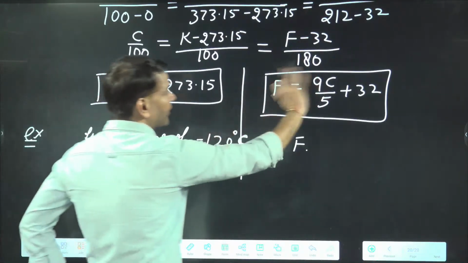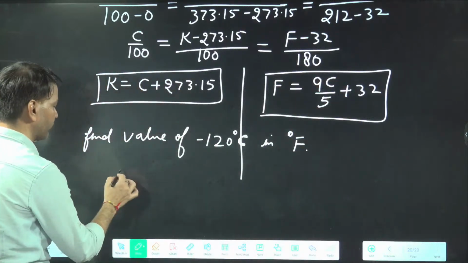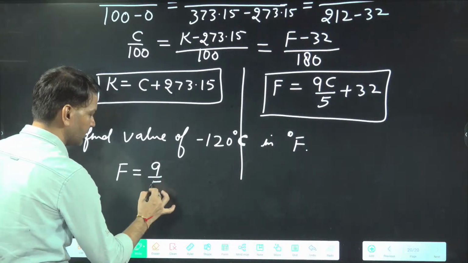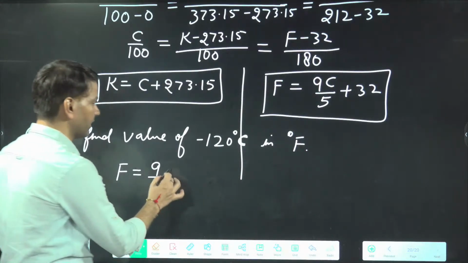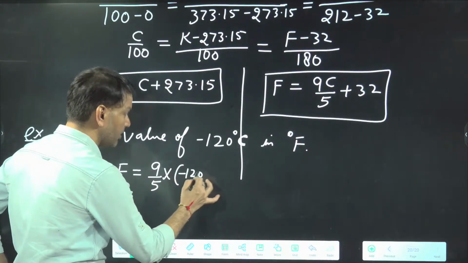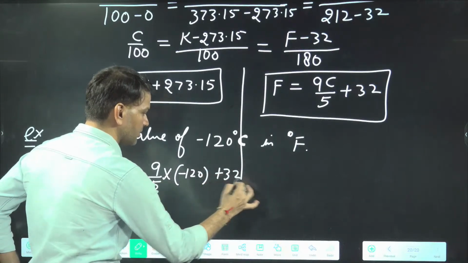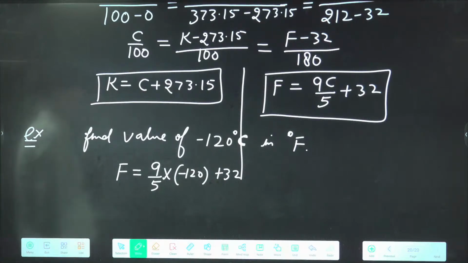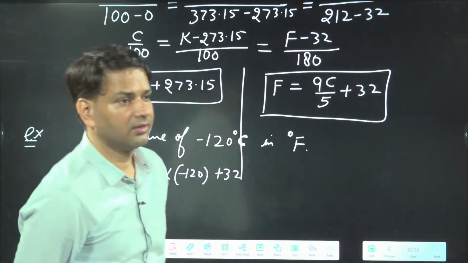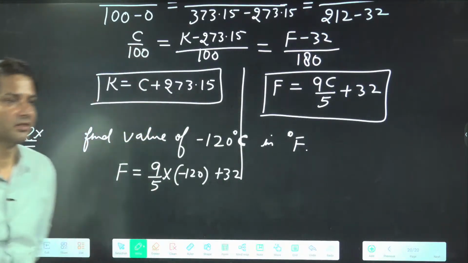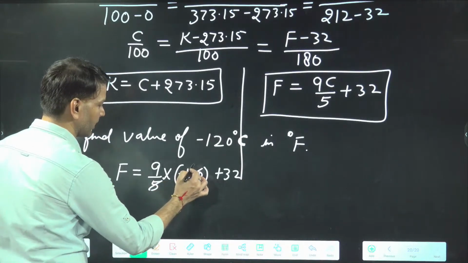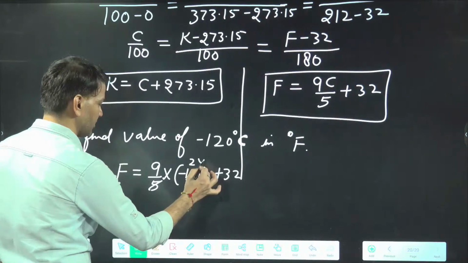Then we will use the F and C relation. So degree F I want. So degree F, that F you will say what? 9 by 5 C, what I have given, minus 120, plus 32. Okay. 5 and this 120, what you will get? 24.